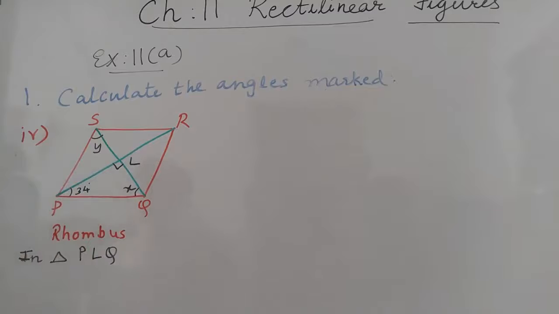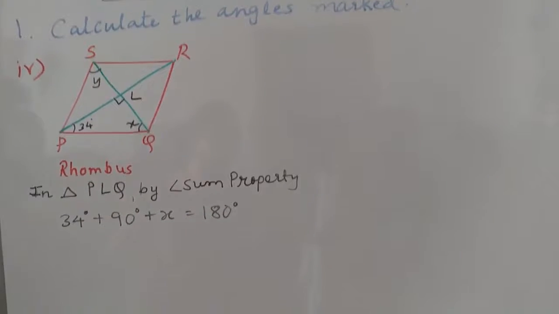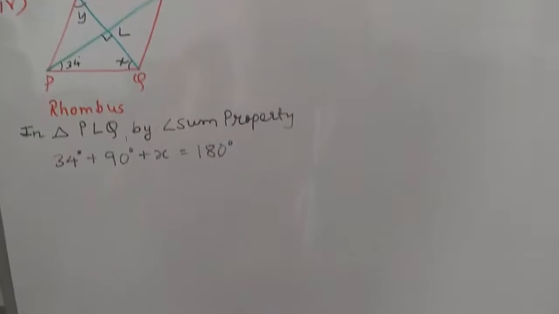So in triangle PLQ by angle sum property we can say 34 degrees plus 90 degrees plus x is equal to 180 degrees. Here I have not written the 90 degrees, but in the figure I have shown it clearly, so it is okay if you do not write it.